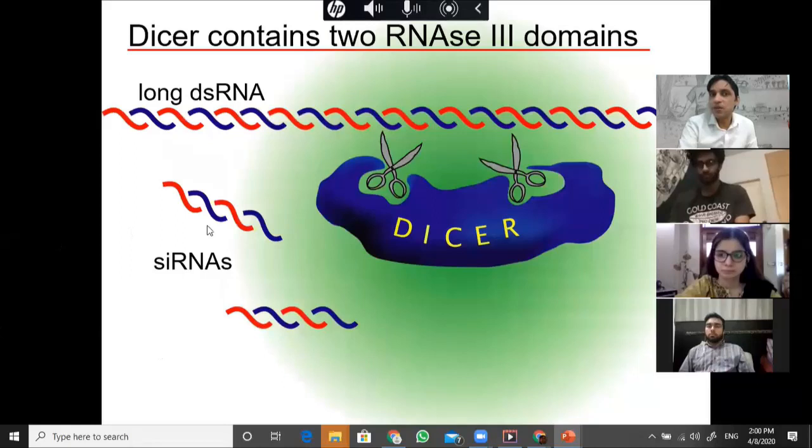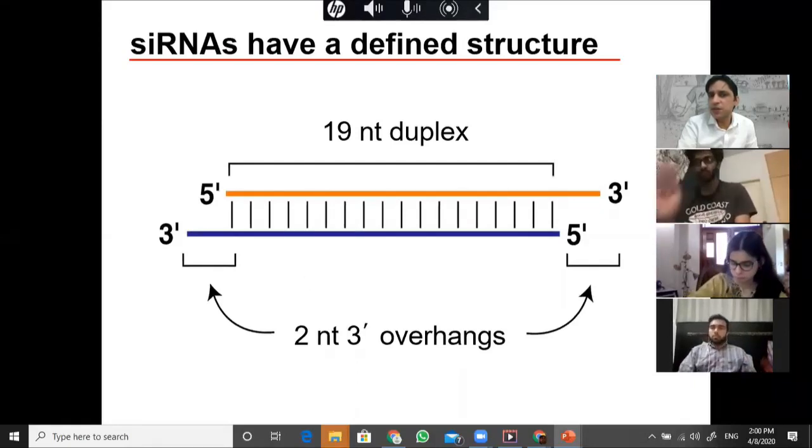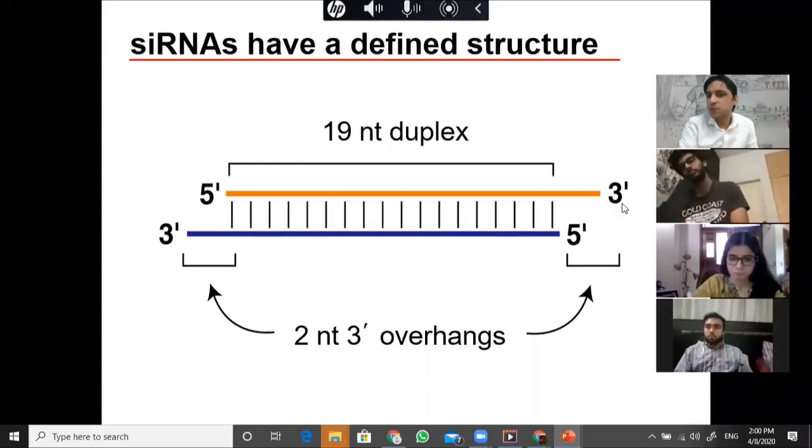So the long double-stranded RNA is chopped off into simpler fragments, those single fragments of about 21 to 23 nucleotides having a 19 nucleotide duplex and a few base pair overhangs. That is how nature created them. So we need to mimic them in the same way.